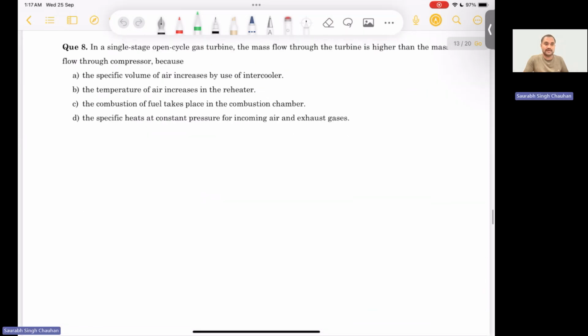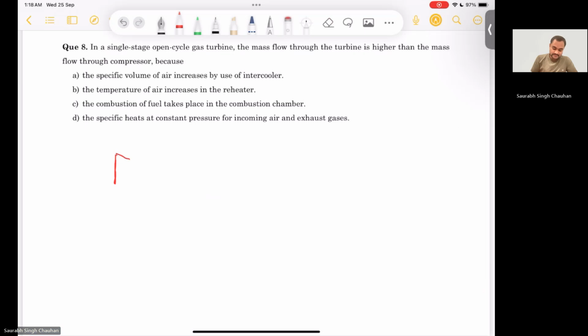We have question number 8. It says, in a single stage open cycle gas turbine, the mass flow through the turbine is higher than the mass flow through the compressor. So what does it mean? First, we have a compressor.